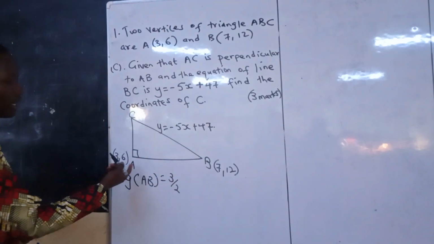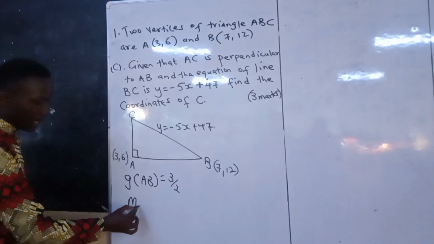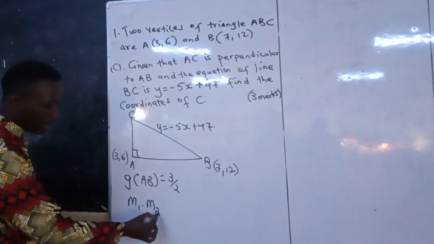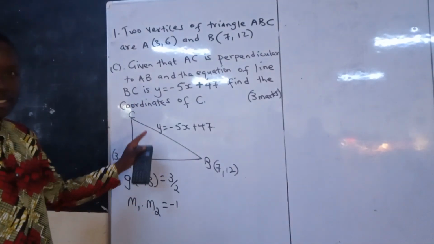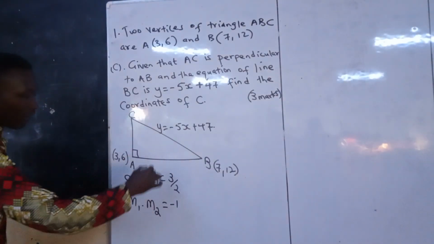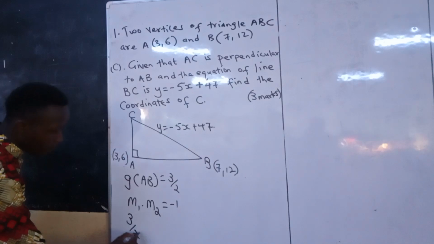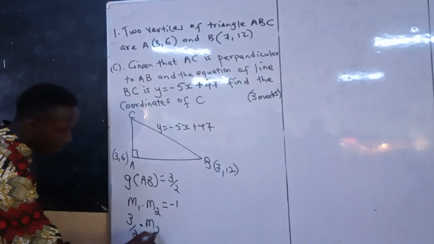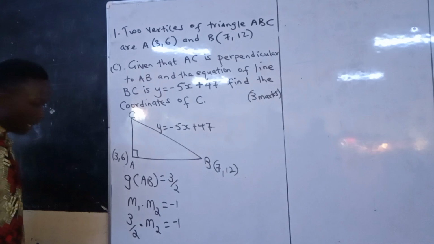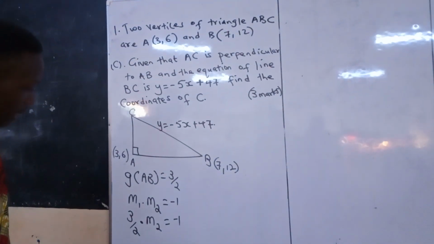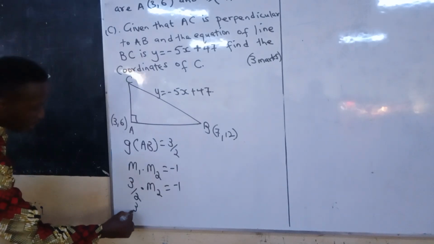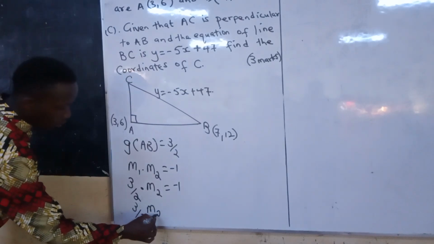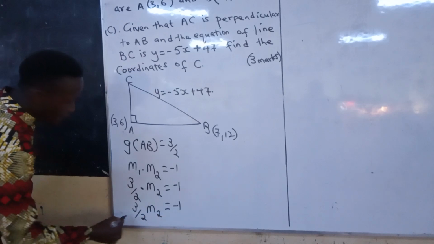Now for us to find the gradient of AC, remember we said that M1 multiplied by M2 is equal to negative 1 because they are perpendicular lines. Having our first gradient as 3 over 2, we multiply it with M2, we get negative 1. Then solving for M2, we have 3 over 2 M2 is equal to negative 1.